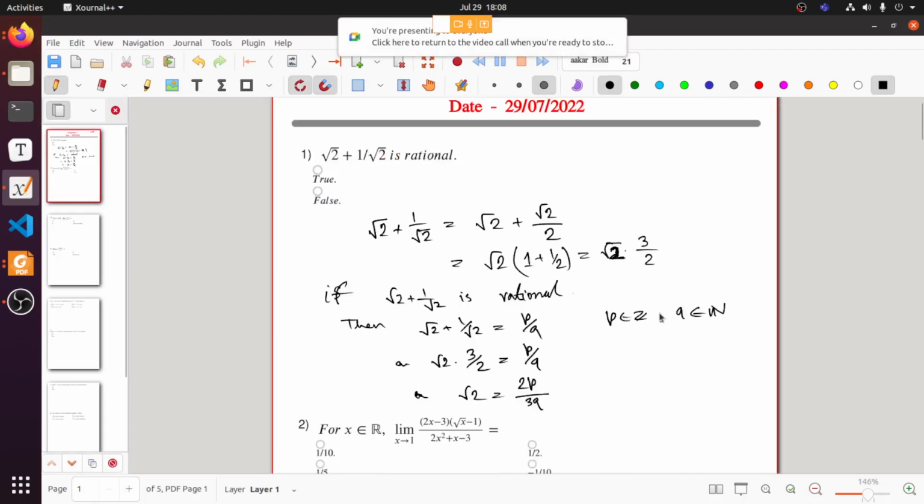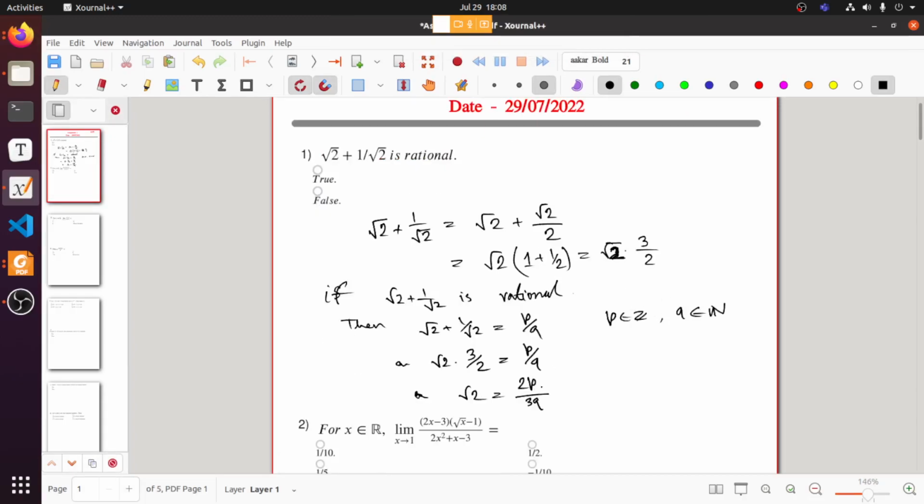So if we assume that root 2 plus 1 by root 2 is rational, we get that root 2 is a rational number, which is a contradiction, right? So our assumption is wrong. So what will be the answer? Root 2 plus 1 by root 2 will be an irrational number, right?